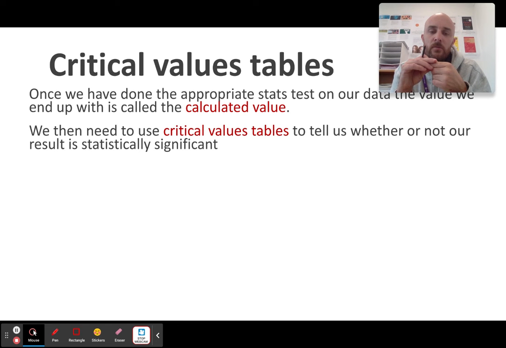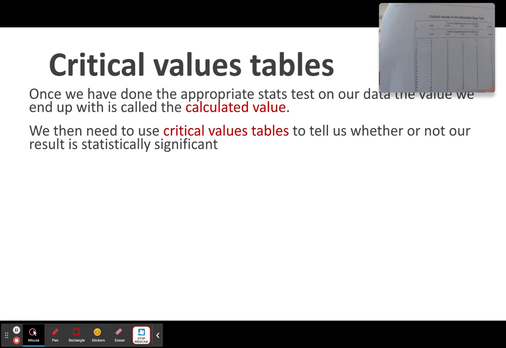We then need to use the critical values table to tell us whether or not a result is statistically significant. Now, a critical values table is basic. I've got loads here. They are basically tables full of numbers, right? So this one just here is for the sign test. If I turn it around, this one right here is for the chi-squared, and it's basically just a list of numbers.